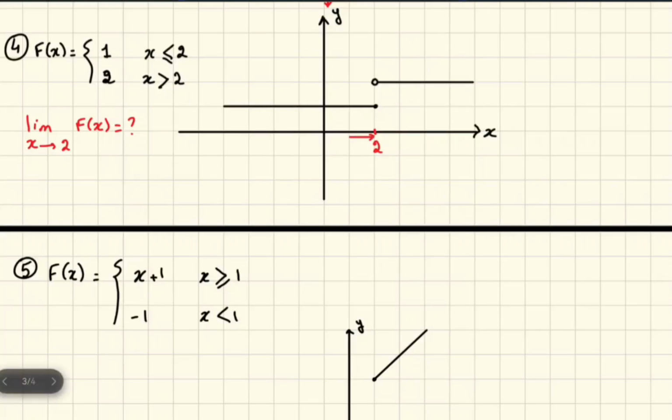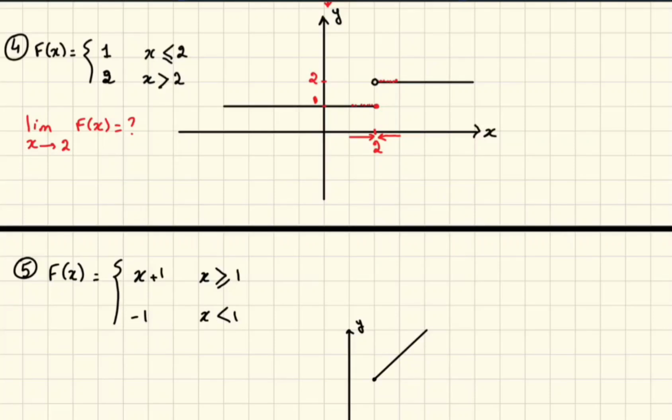I can see that the function, by taking these points, is approaching this point that has a y value of 1. But when I'm approaching from the right side, I can see that the function, by taking these points, is approaching the hole that has a y value equal to 2.